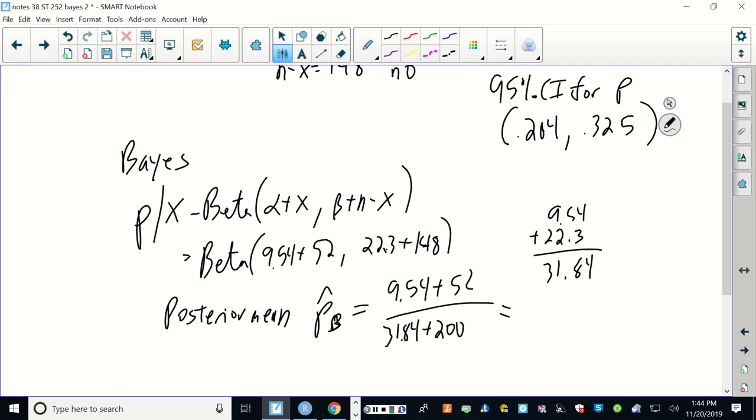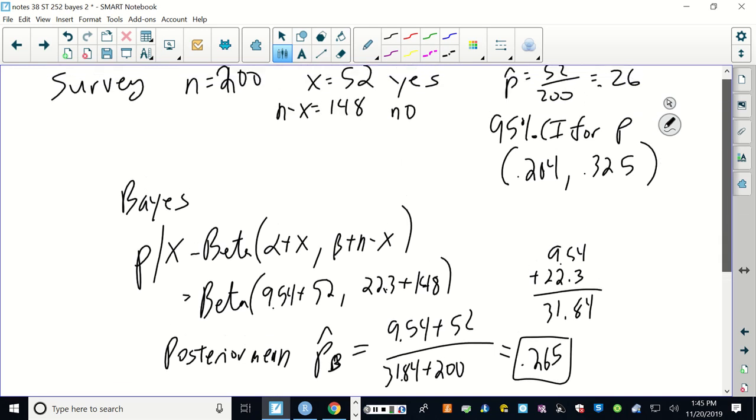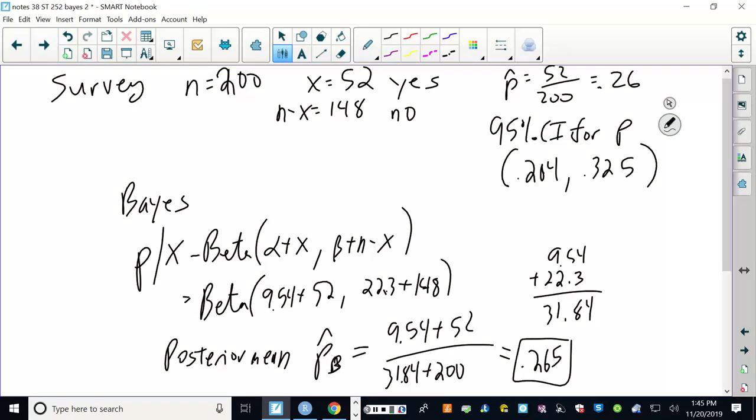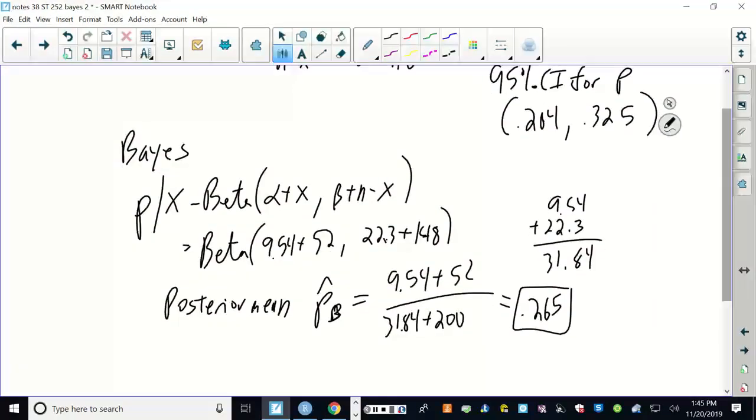That comes out to be about 0.265. So the Bayesian estimate is a little bit above this sample proportion because this is kind of a blend. It's your data, but your prior opinion was 30%. The data ended up being a little bit lower, so you don't go all the way down to the data, you kind of blend them together.